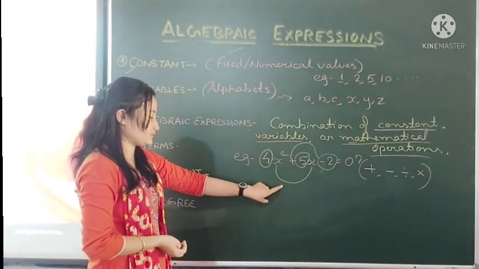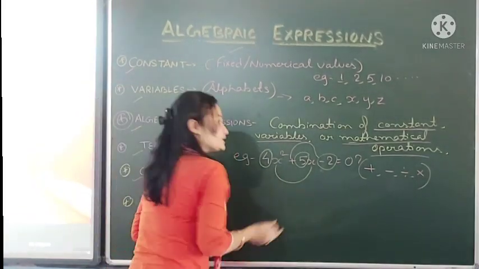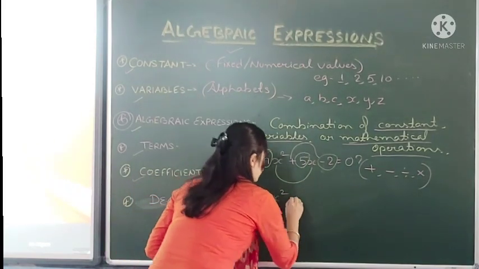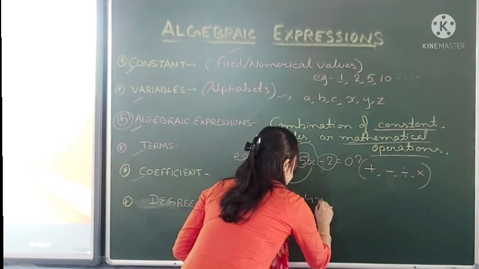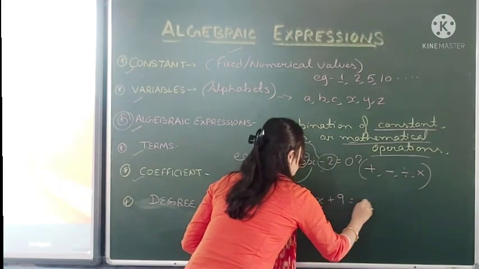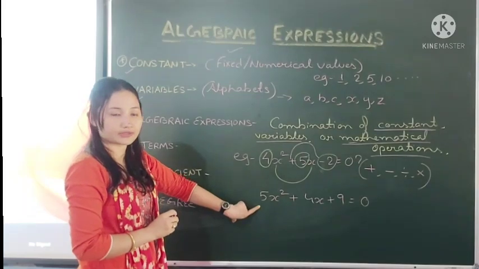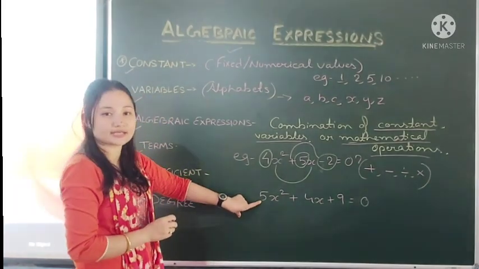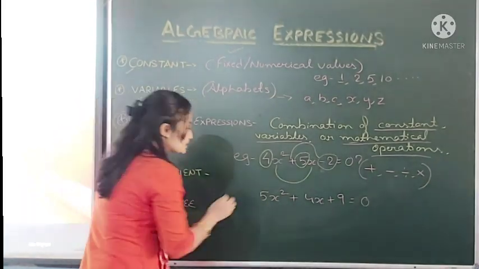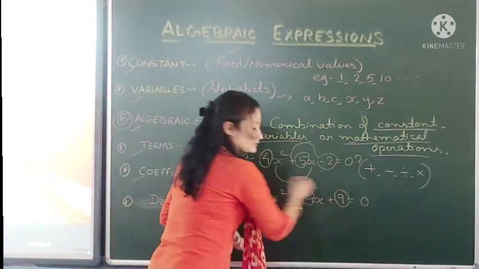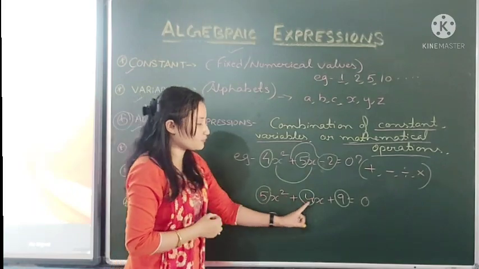That means we can say 4x square plus 5x minus 2 is an algebraic expression. In the same way, if I write one more example, that is 5x square plus 4x plus 9 equal to 0. So is this an algebraic expression or not? Yes, this is obviously an algebraic expression, because here also we have a combination of constants, that is 5, 4 and 9.